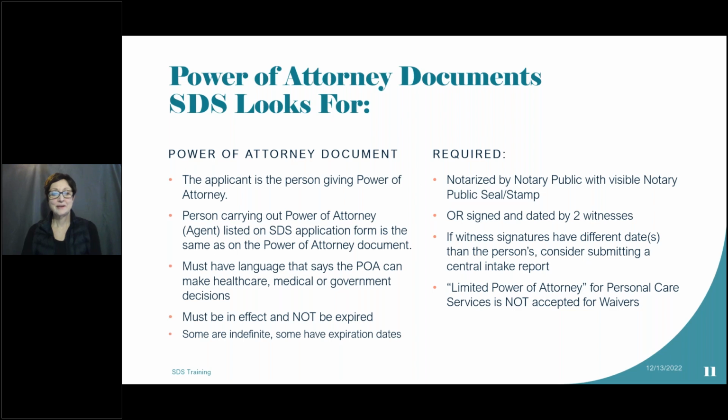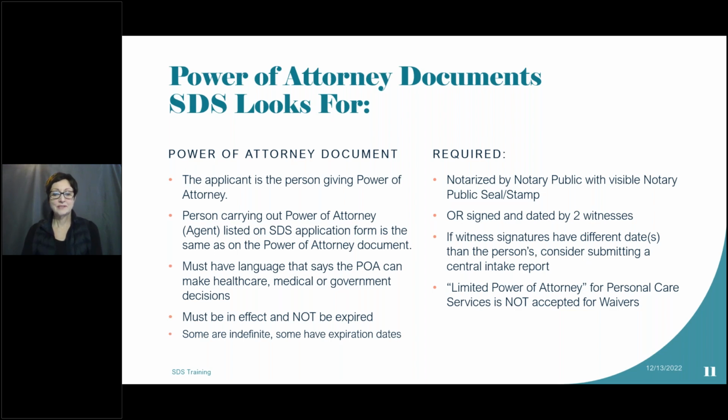The person carrying out the power of attorney might be called an agent in the document. That person is listed on the SDS application form, and that's the same person as on the power of attorney document. They're the agent, okay?